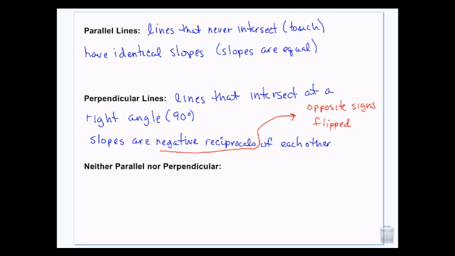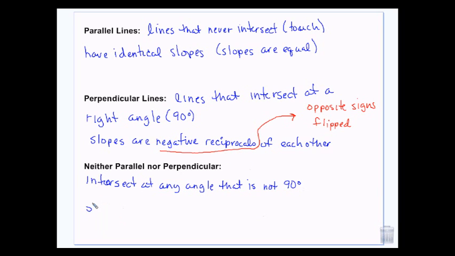And if you're neither parallel nor perpendicular, you intersect. You intersect at any angle, you just intersect.